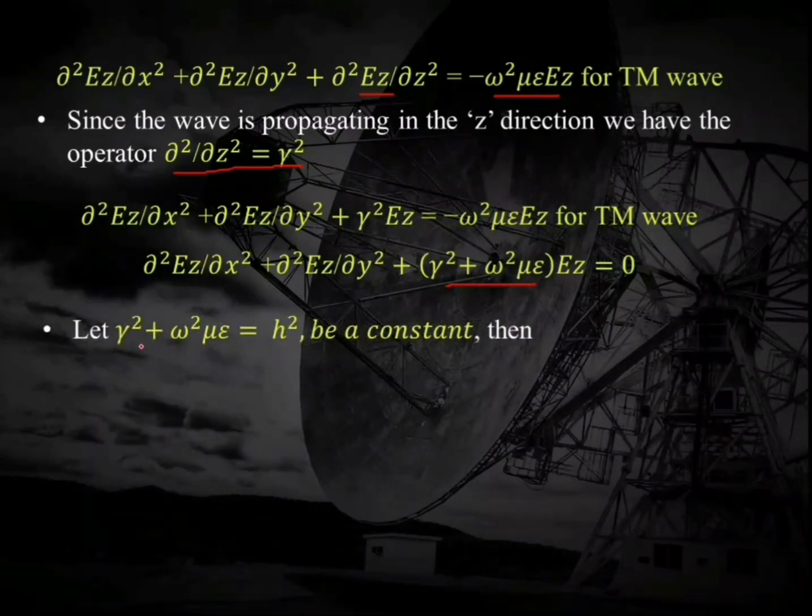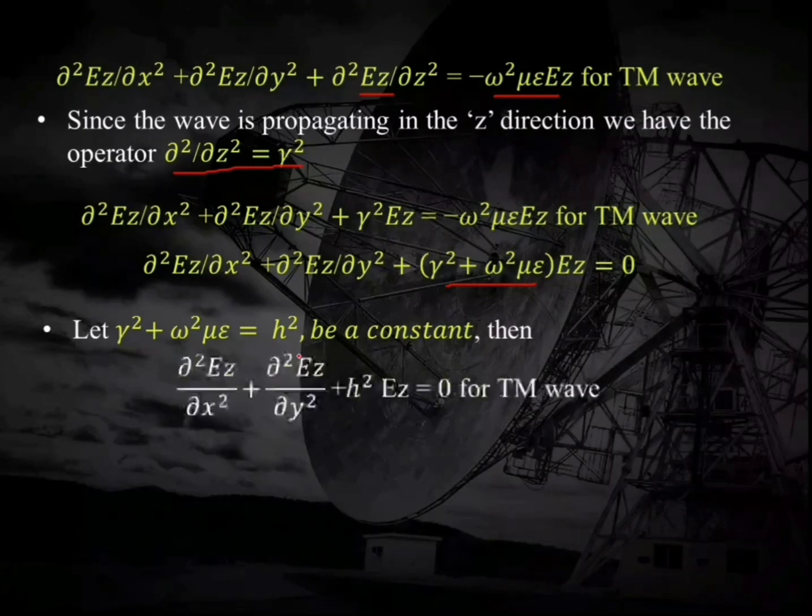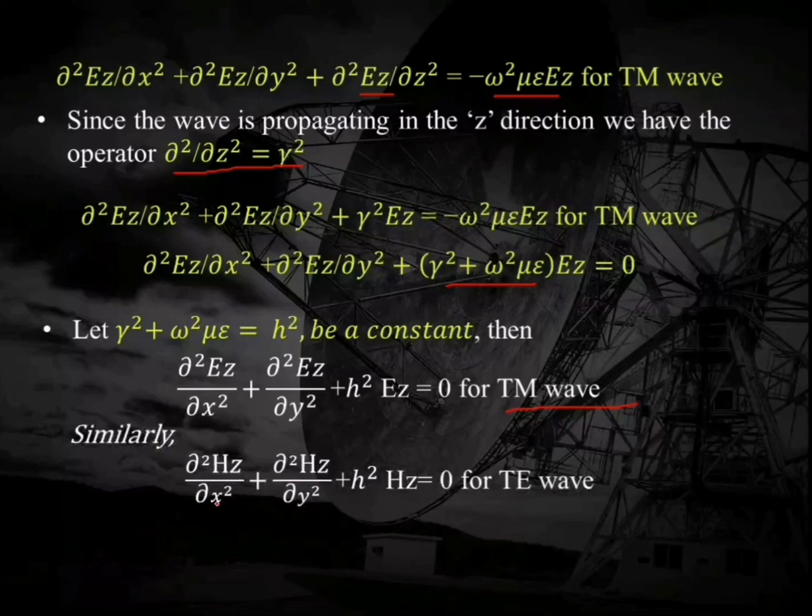So again, by substituting this as h square, a constant, our equation will now be reduced to del square by del x square of Ez plus del square by del y square of Ez plus h square Ez is equal to 0 for the case of the TM wave. And exactly similar for the TE wave, we will get del square Hz by del x square plus del square Hz by del y square plus h square Hz is equal to 0 for the TE wave. So these are the two equations of propagation inside a waveguide in the case of TM and TE wave.